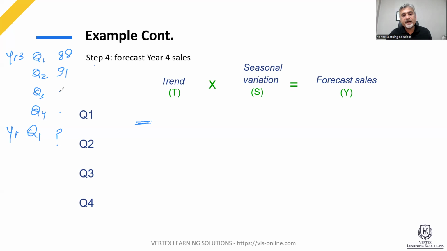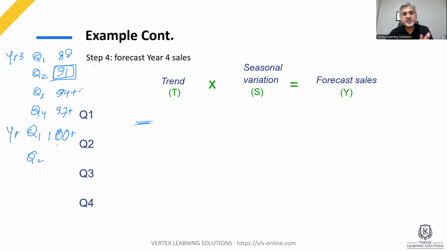So first I need to add 3 here, making it 94, then 97, and then 100. So if I take this number, I have to add 3, then 3, and then 3 so that I can come to quarter 1. I'm taking the number from 91, which is for quarter 2. Quarter 3 is missing, quarter 4 is missing.